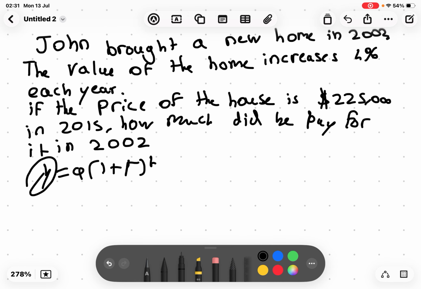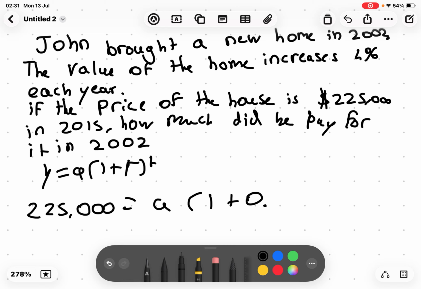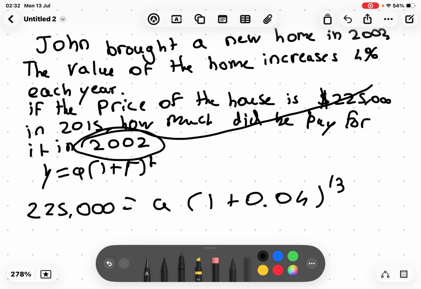So this one. But why is there now a number like the result? So we can just put this equals, we're looking for a, 1 plus the rate, and then the difference between years, where is it? Over here is 13.